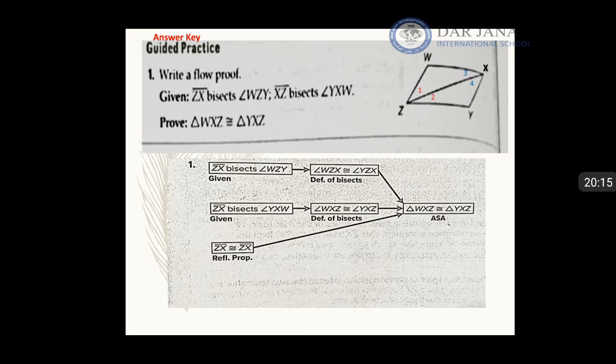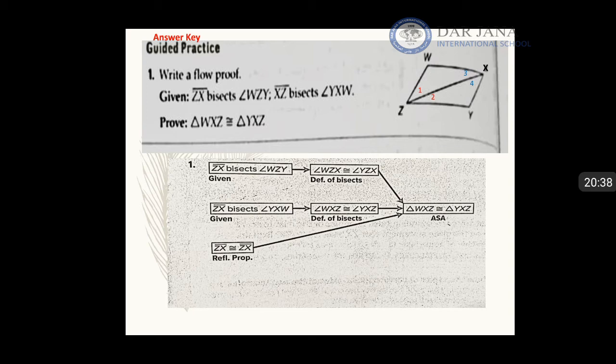It means that ZX cuts WZY into two equal angles, referred to in the figure as angle 1 and angle 2. So because ZX bisects WZY, the measure of angle 1 is equal to the measure of angle 2. Angle 1 is congruent to angle 2.